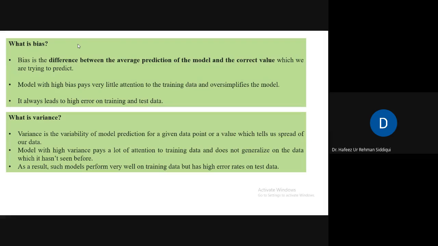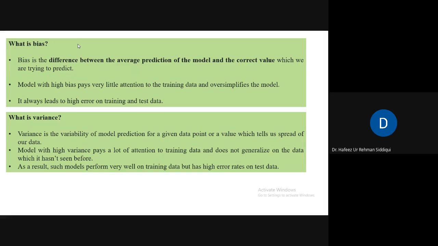And what is variance? Variance is the variability of model prediction for given data points, which tells the spread of your data. If you give some data to your model and it predicts well one time and wrong another time, this is called variance. A model with high variance pays a lot of attention to the training data.